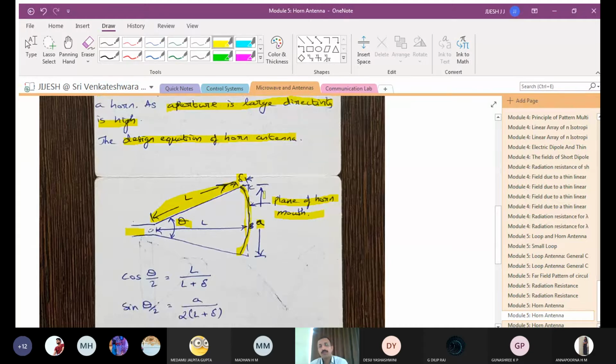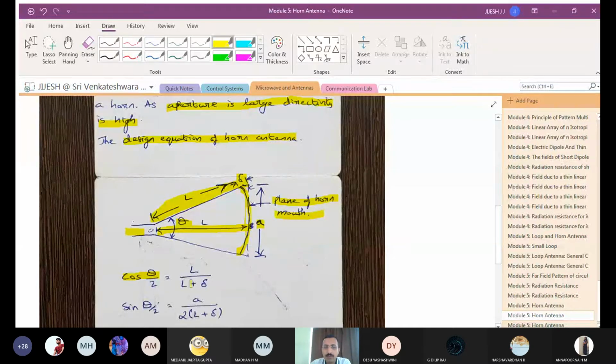For this horn antenna, when you write cos of theta by 2, you get it in terms of L and delta. The entire length is L, and this small portion here is delta.